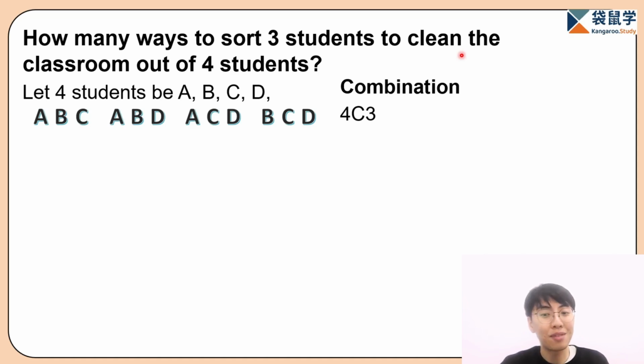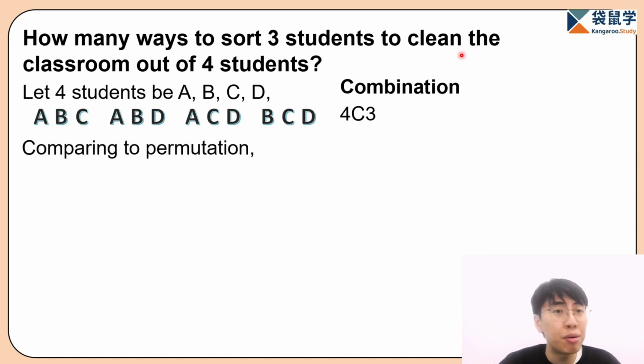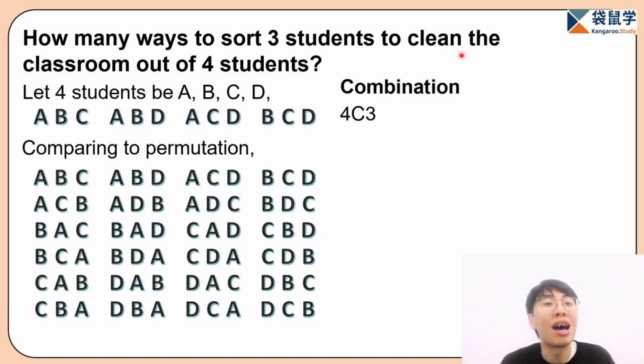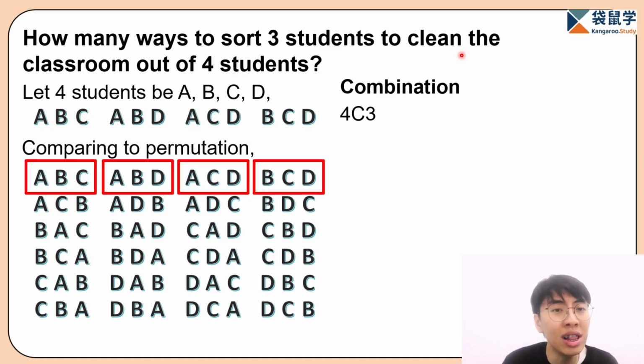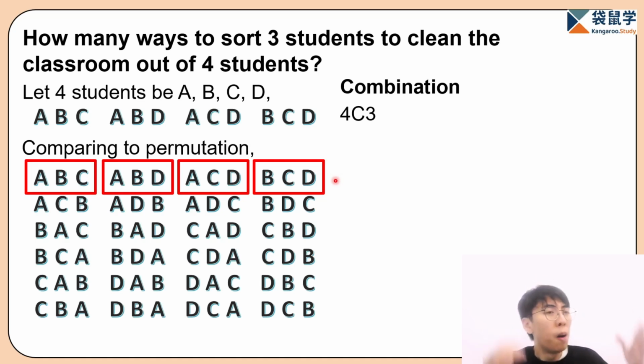So let's see. Just now when we were doing permutation, if I do it out of 4 students, that's this many ways. And for combination, we are only looking at this 4 of them over here. But why is it as such?